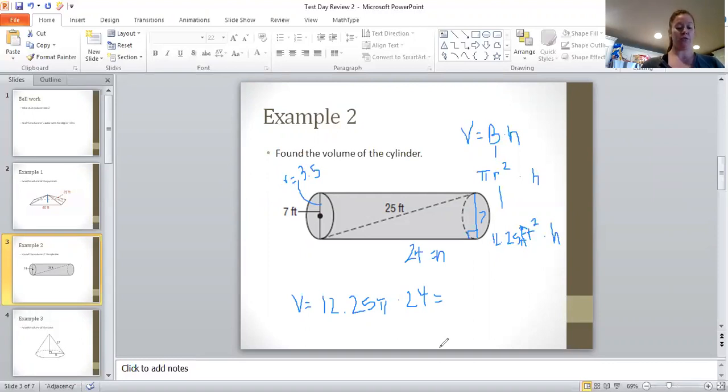So 12.25 times 24 is equal to 294 pi, don't forget the pi, best part of Thanksgiving, right? Feet cubed.